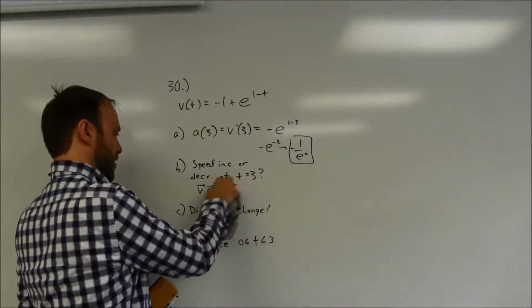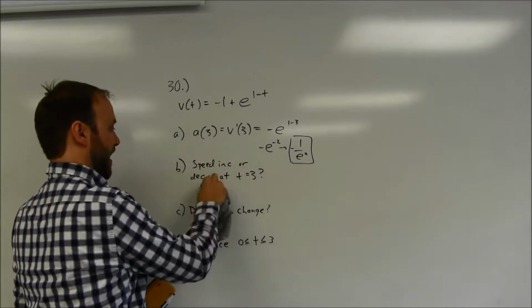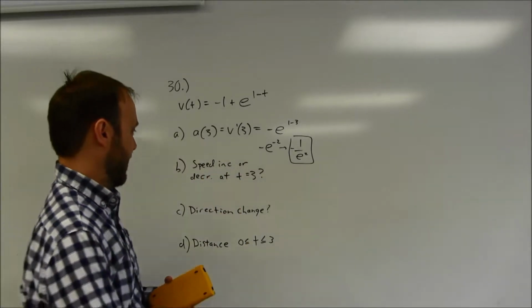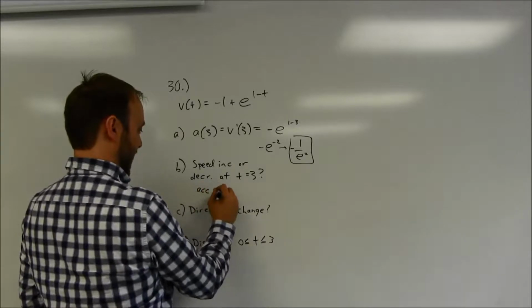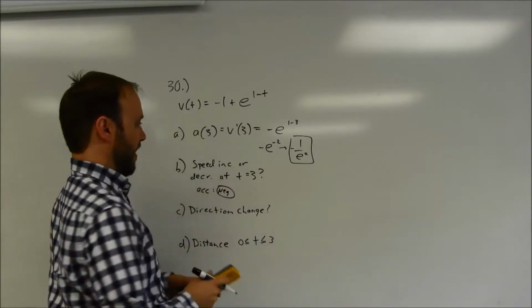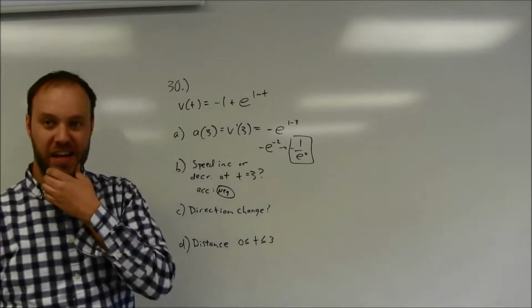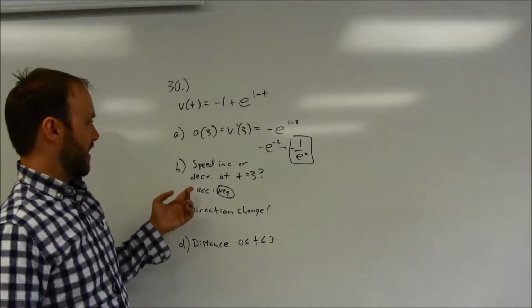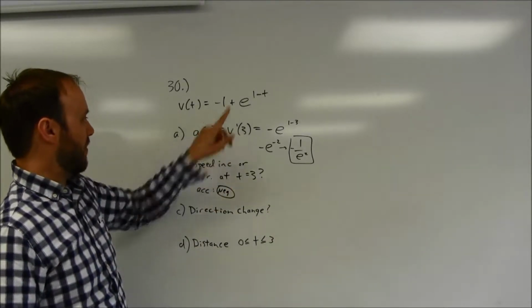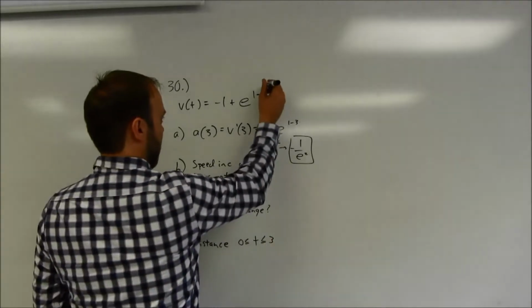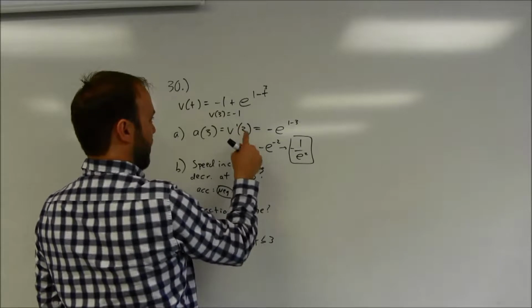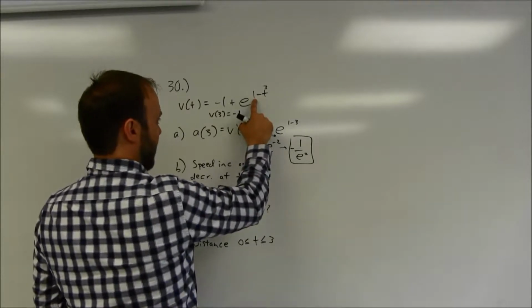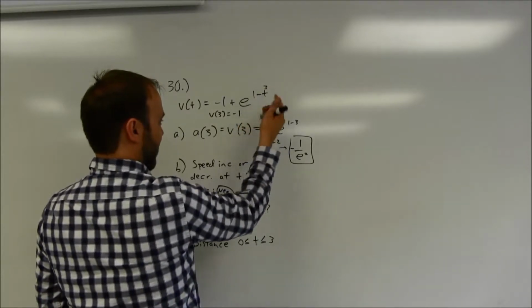So we should be able to look at the signs of both of these. And this is at t equals 3, and we already did this before. Notice that the acceleration is negative, based on what we found in the first part, -1 over e squared. So we just need to check and see what the velocity is here. The velocity when t is equal to 3 is going to be -1 plus e to the -2.